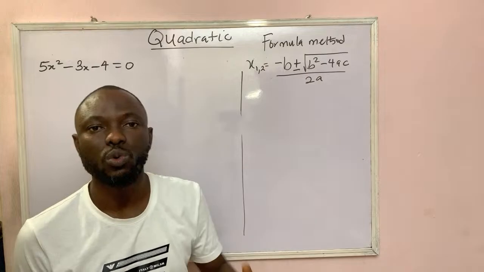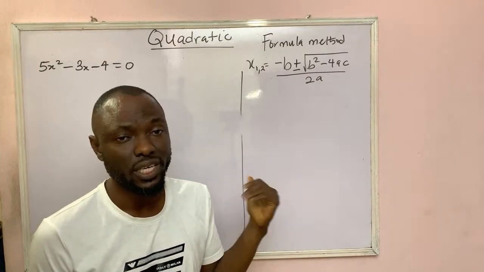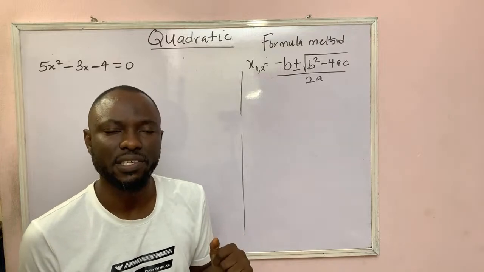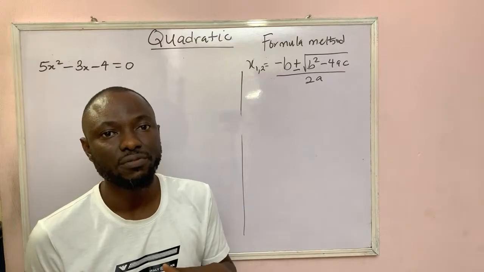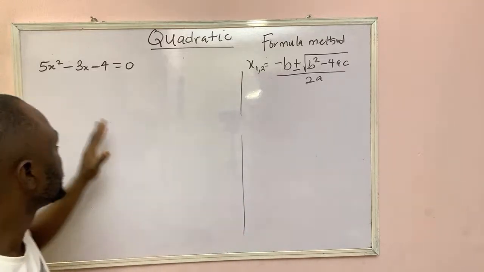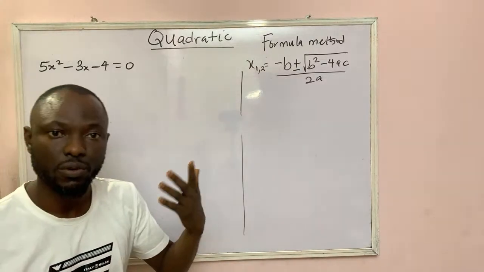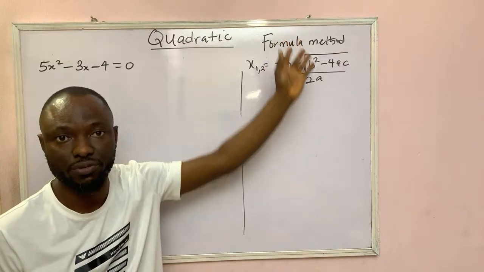It is not all quadratic functions that you can solve by factorization. So when a quadratic function cannot be solved by factoring, then you deploy the quadratic method, which is also called the formula method.